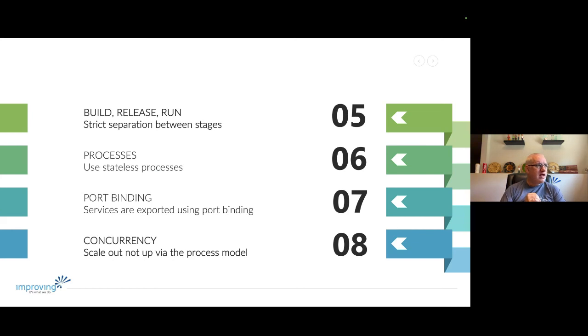Okay. The next area out of these 12 factors is around port binding. So often we run a lot of services as part of our application, and each service is exposed via its own port. This is something that's more true in the Unix and some of the non-Windows environments.